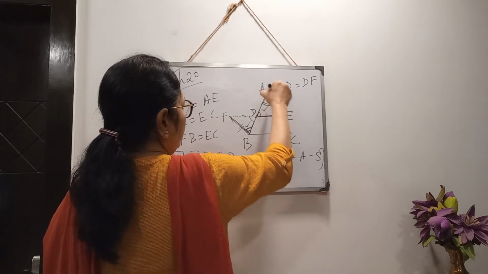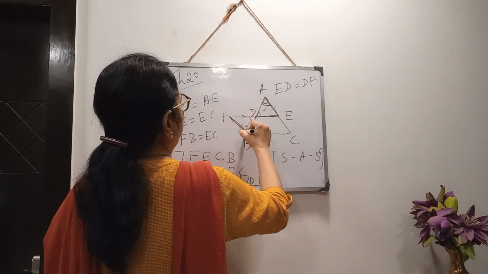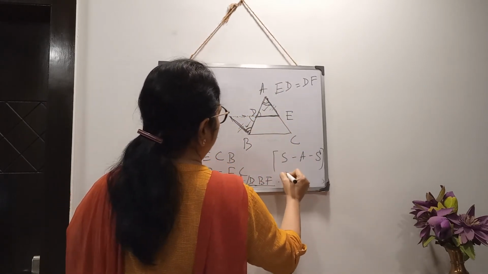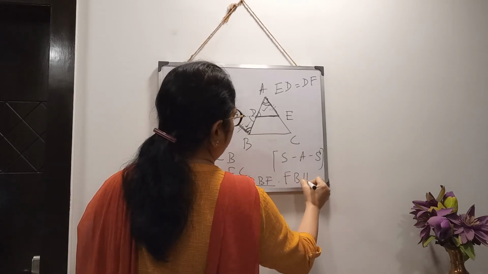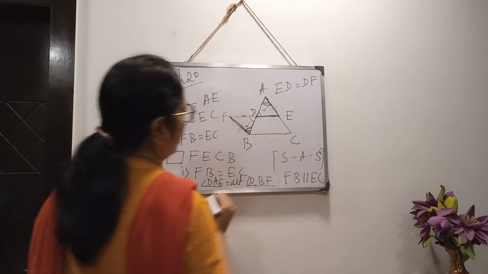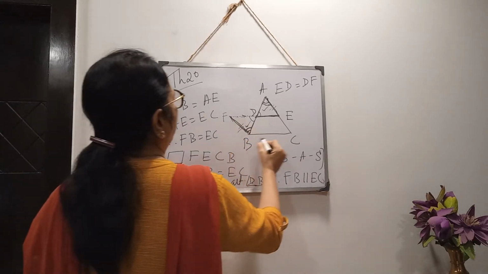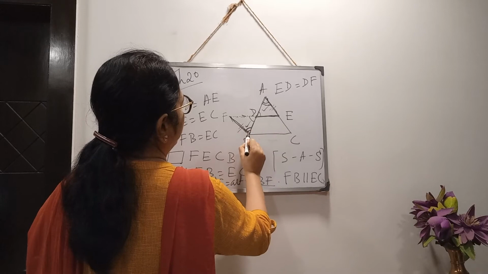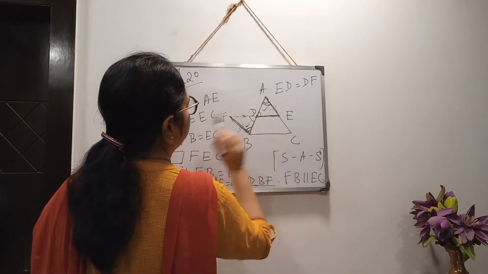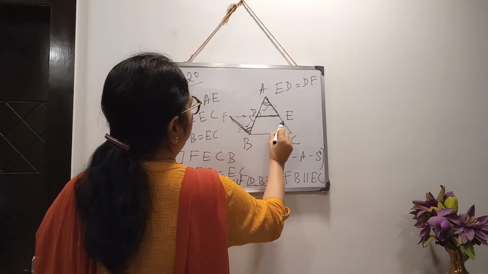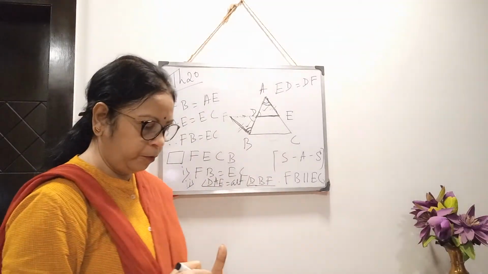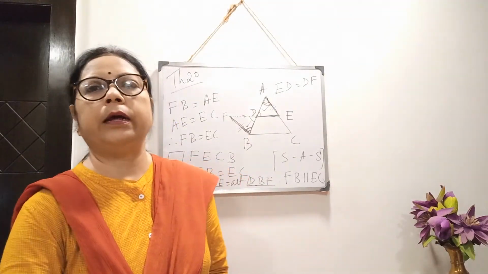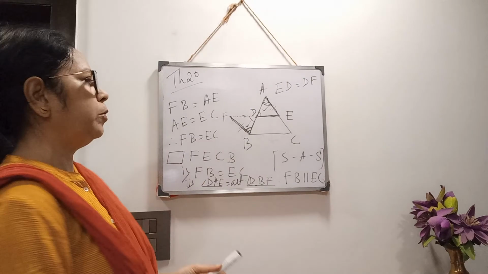This is part of AC, so we can write FB is parallel to EC. Clear? So in the quadrilateral, we have got FB equals EC and FB parallel to EC. So this is a parallelogram. Clear?